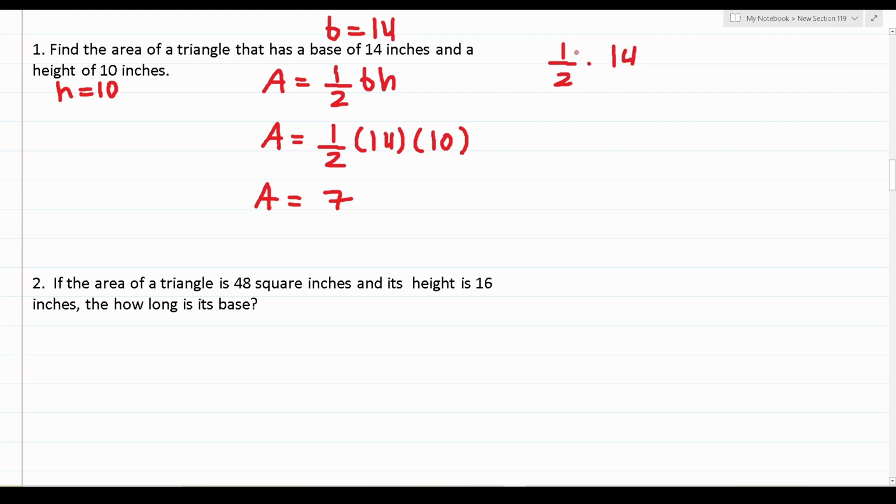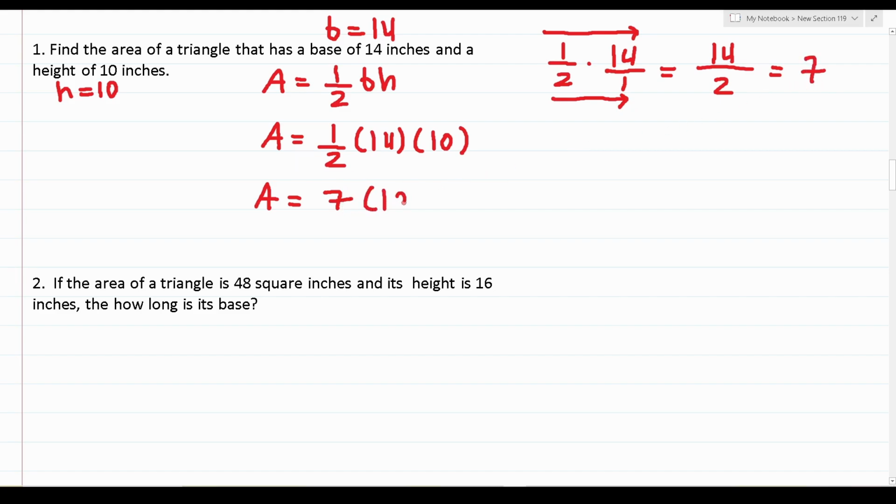That is to say, we're multiplying a fraction, 1/2, by 14, a whole number. To proceed, we want to rewrite 14 as a fraction by placing it over 1. And now that we've done that, we're simply multiplying two fractions here, which means we're just going to multiply straight across. 1 times 14 is 14. 2 times 1 is 2. 14 divided by 2 is 7. So that's how I got 7 there.